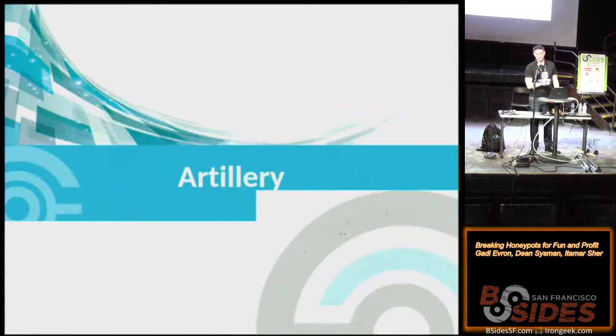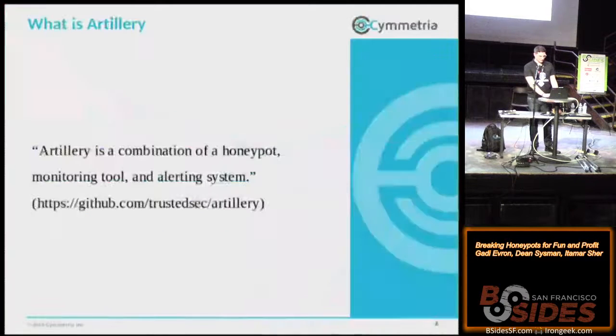So what we'll be doing is going through around 8 of the most popular honeypot projects, from the most basic one to the most complicated one, in terms of closeness to actually being something that can deceive an attacker, right? Artillery is a very popular project.